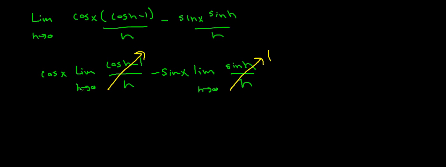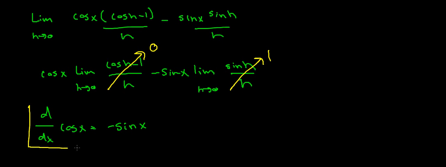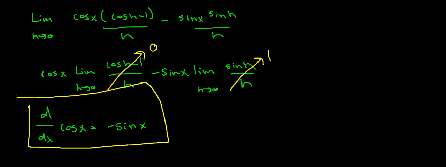So I'm going to get the derivative of cosine x is equal to, oh, forgot to put the 0. So this is 0, then this is going to equal minus sine x times 1. And that is indeed the correct answer.